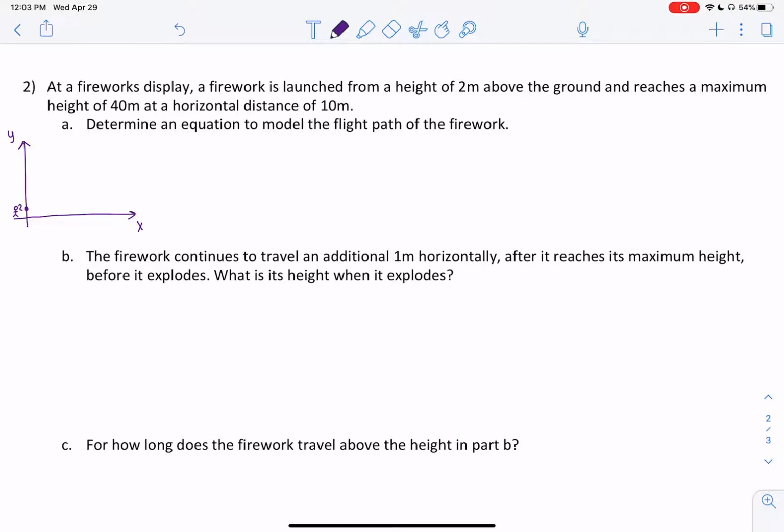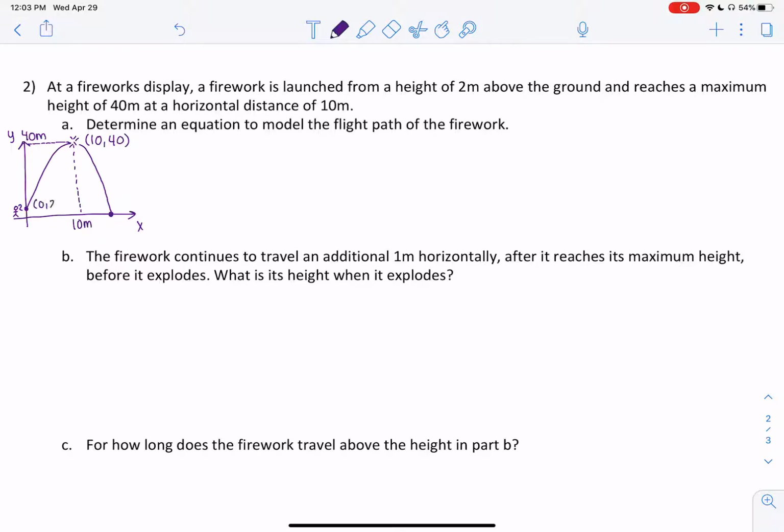So at time equals 0, when a stopwatch begins, he's standing at 2 meters high, and my little firework goes here, it explodes, how pretty, and then it continues down to the ground. We're also told that it reaches a maximum height of 40 meters, and that happens at 10 meters horizontally. So now we know that our vertex is at (10, 40).